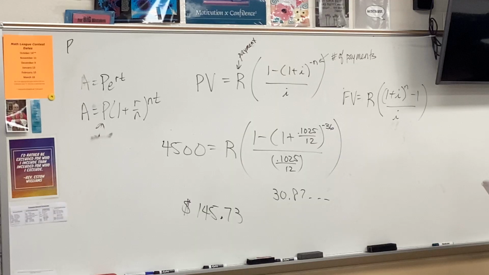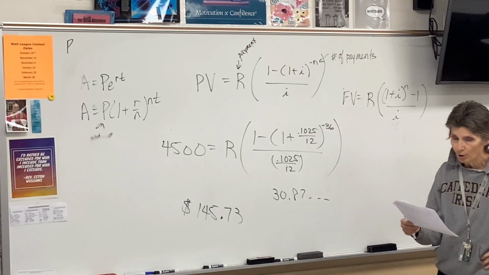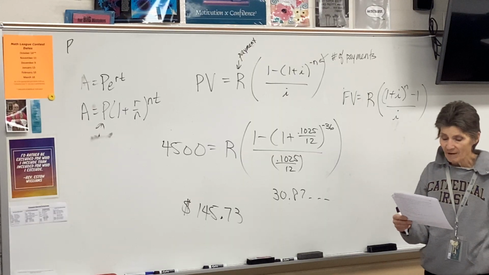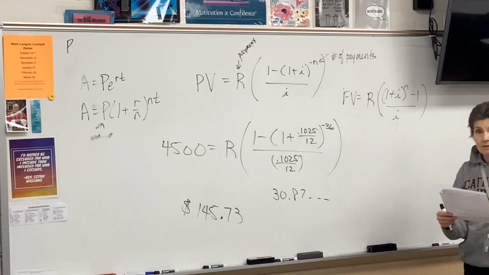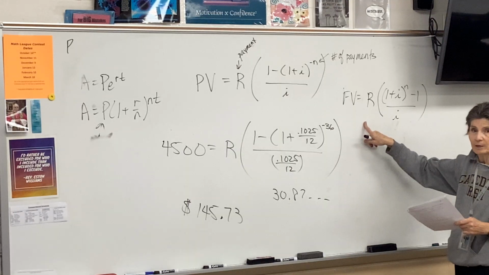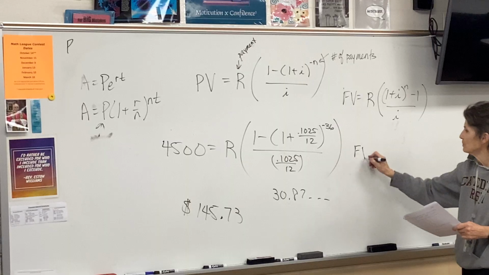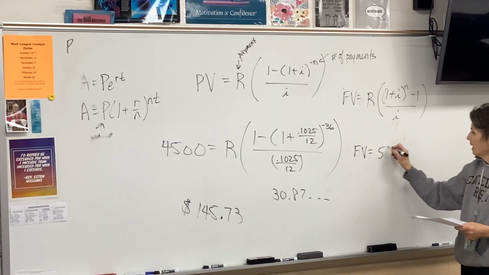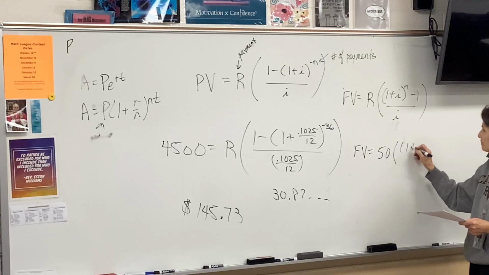Number 14. Amy contributes $50 per month into this account. What is the value after 25 years? What is the future value of her account? So we want to find the future value. She is making $50 payments.